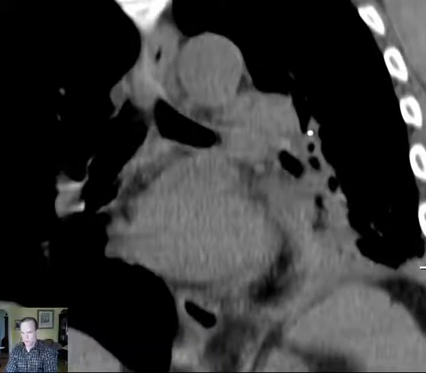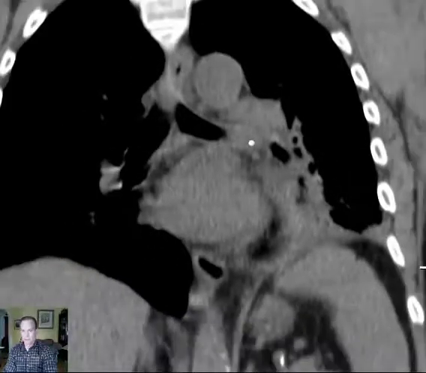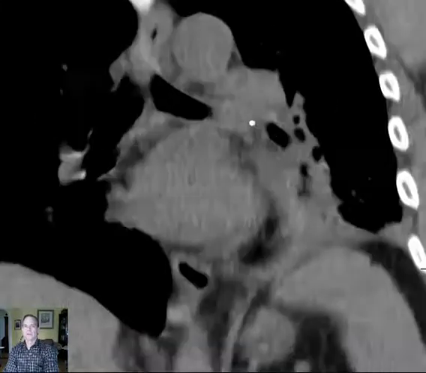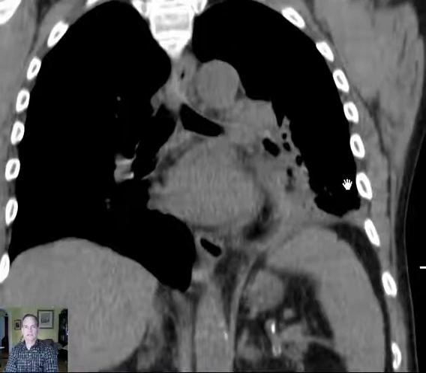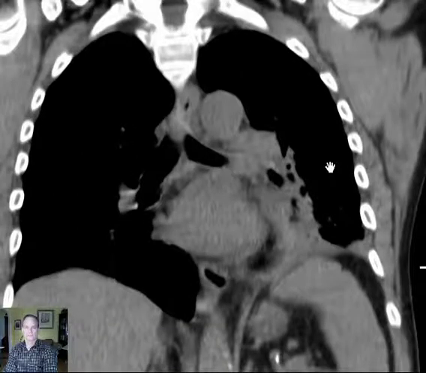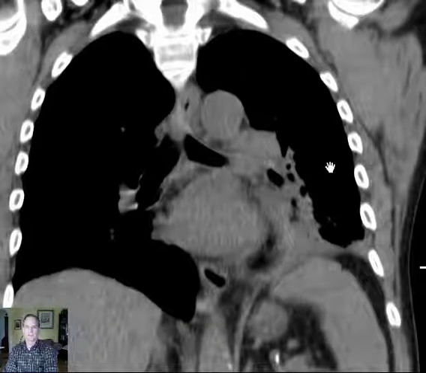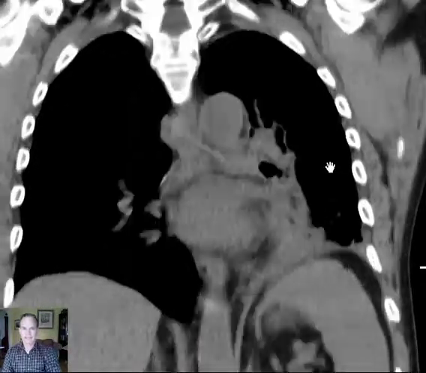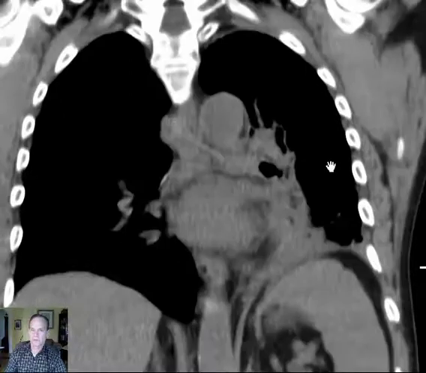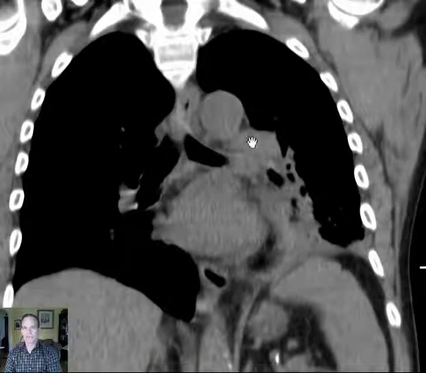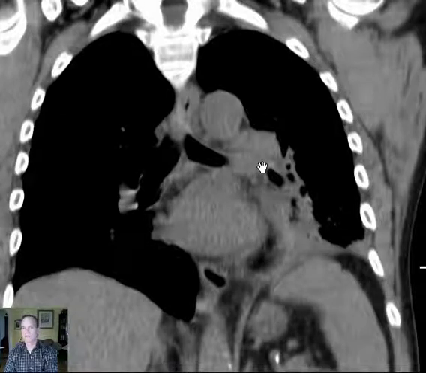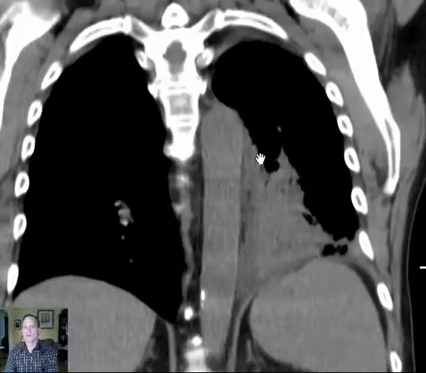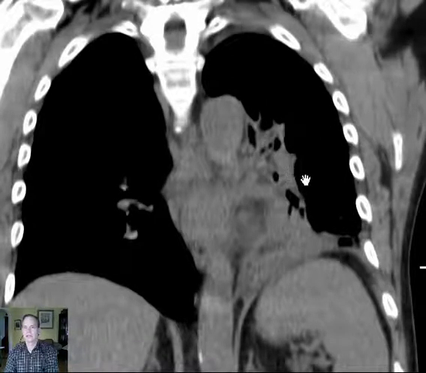So, in conclusion, what we seem to have here is a primary tumor. This is typical for a primary lung cancer with post-obstructive atelectasis, and it is involving both the left upper lobe and left lower lobe because the tumor is narrowing and very possibly infiltrating the left mainstem bronchus distally, and therefore is compromising the origins of both the left upper lobe bronchus and the left lower lobe bronchus.